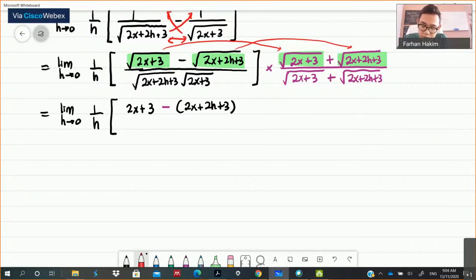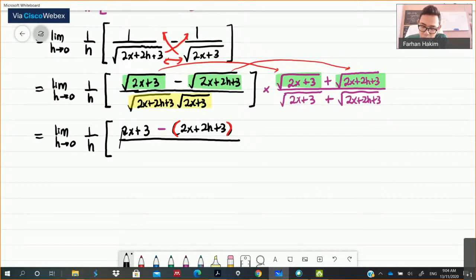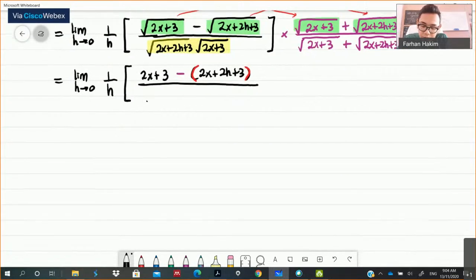Most of the students leave out this bracket. That's a common mistake that happens. So everything over, I'll just copy everything: the square root of 2x plus 2h plus 3, then the square root of 2x plus 3, and then I'm going to copy this and put it in brackets.